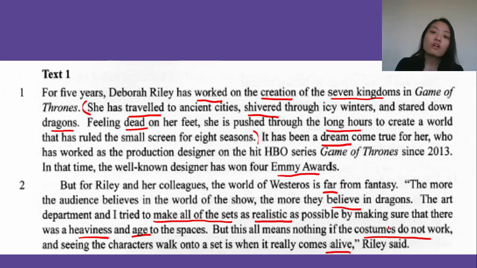So for her, what we know is that it has been a lot of hard work to make everything in the set realistic in the Game of Thrones series. And she believes that the costumes must be very important because they make the show come alive. So far we know that it's not been easy, but she tries to make it realistic.